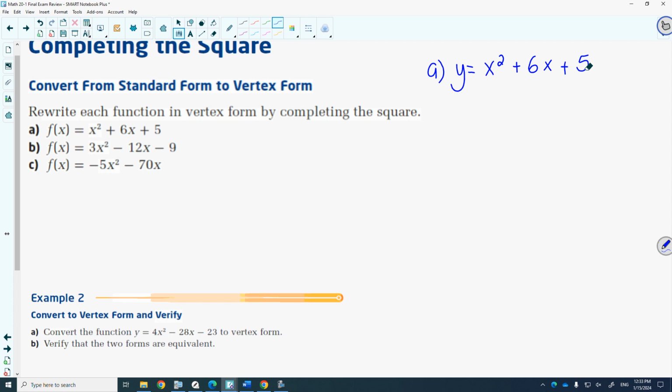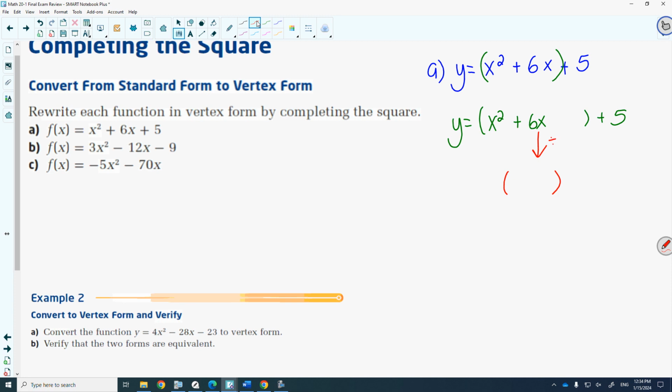So how we complete this square is you put your bracket around the first two terms, and you're going to rewrite it, and you're going to leave some space after this 6x. So y is equal to x squared plus 6x, plus 5. Then what we did was we took that middle term and you divide the 6 by 2.